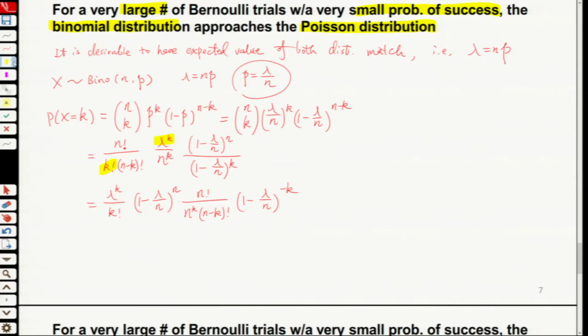Okay, now we need to check this part. So this part is one part. We also need to check this part and also this part. Okay? So in the problem statement, we have a very large number of Bernoulli trials with very small probability of success.